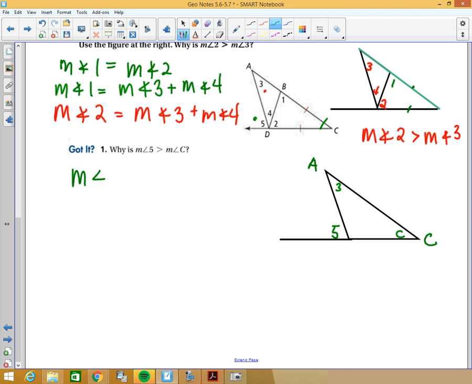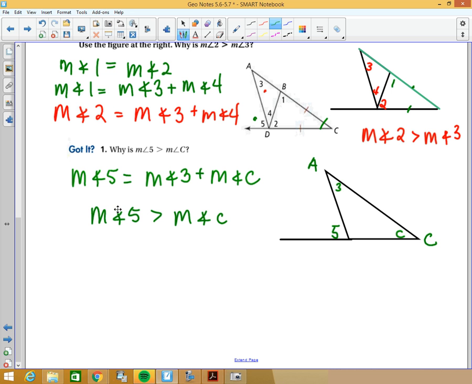The measure of angle 5 is equal to the sum of the remote interior angles, which are the measure of angle 3 plus the measure of angle C. Now, using the inequality property, if 5 is equal to 3 plus C, then 5 has to be greater than C. So the measure of angle 5 is greater than the measure of angle C.